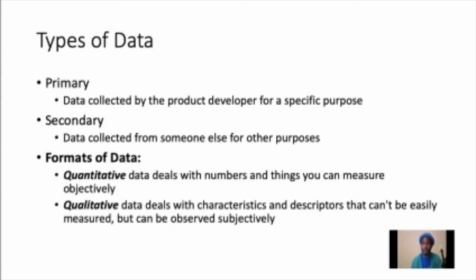Qualitative data is usually data in a narrative form or with words, data that can't be easily measured. Examples of qualitative data are, like we mentioned, narrative, words, maybe some pictures, or things that aren't numbers. So you have your two formats of data: your data that comes in numbers and your data that does not come in numbers.